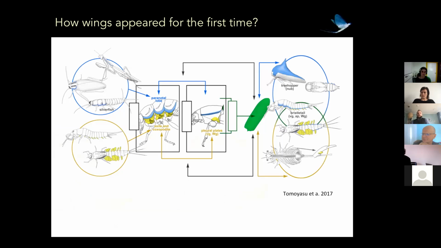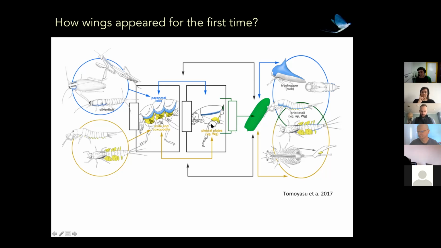The most accepted theory these days is a dual hypothesis in which parts or regions from the pleural region of the insect fused with some regions of the most dorsal or tergal region of the insect thorax.